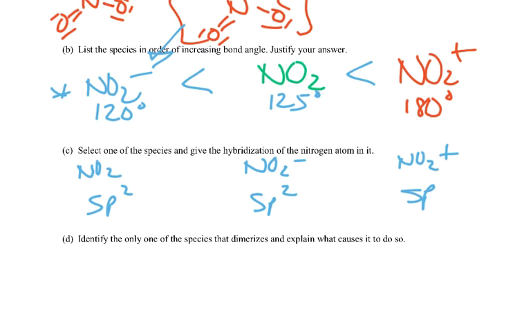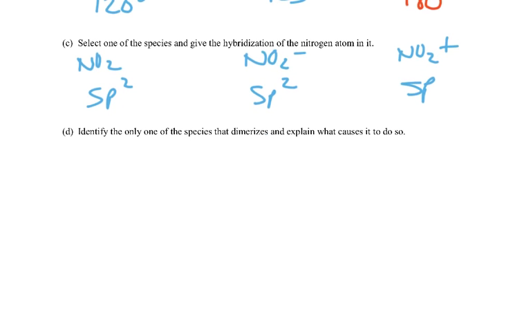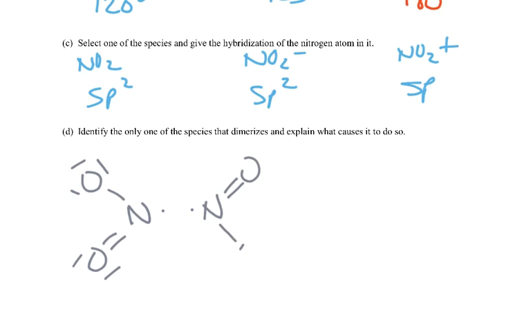Identify the only species that dimerizes and explain why that happens. It's this guy. And what happens if we have a nitrogen that has a single electron, that single electron can bond with a single electron on another one of these molecules.